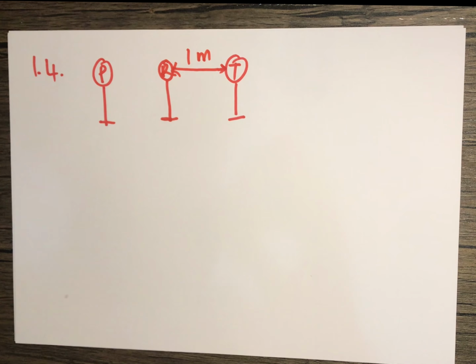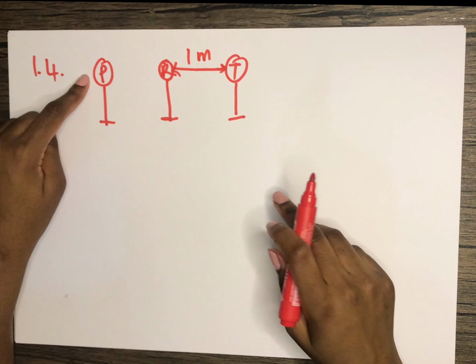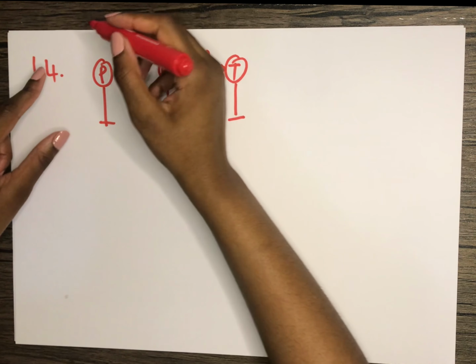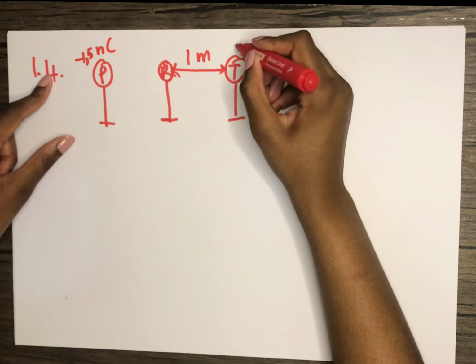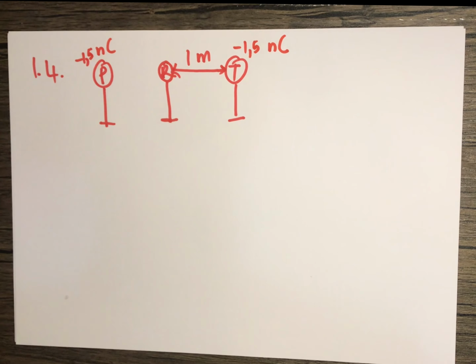And then, if you look at the charges, remember that they touched and then they separated, which means the charge on P is what we had calculated in question 1.2, which is Q new, negative 1.5 nanocoulombs. T is also negative 1.5 nanocoulombs, right?